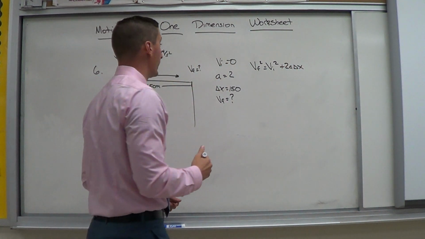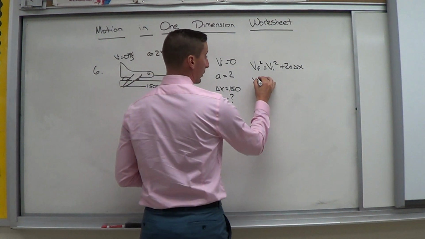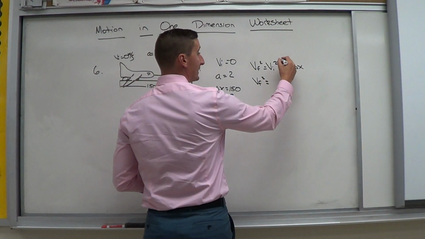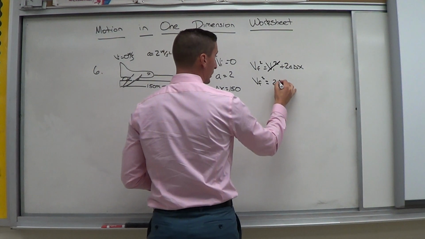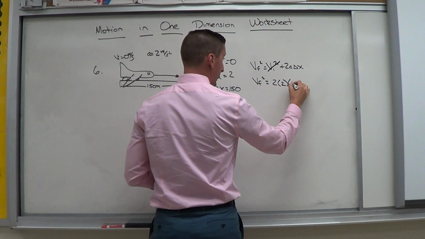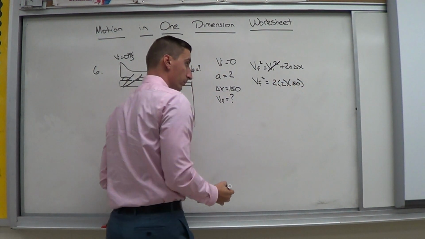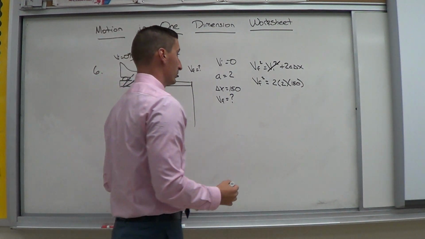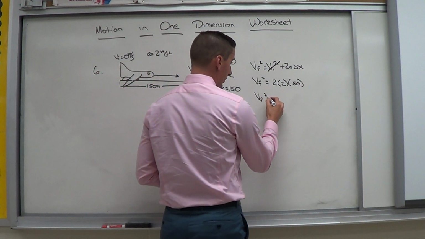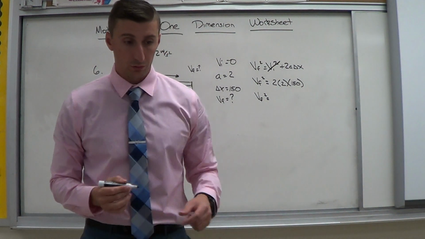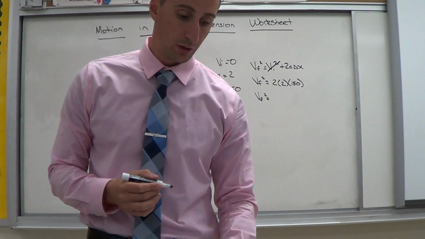Now all we've got to do is plug in. VF is what I'm looking for. VI is 0, so it goes away. 2A, 2. Delta X is 150. Solve. So I've got VF squared, so I do 2 times 2 times 150.